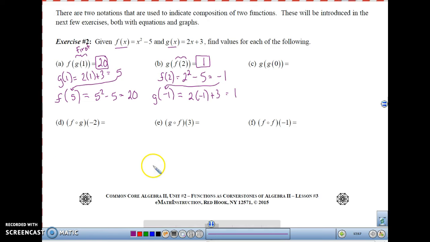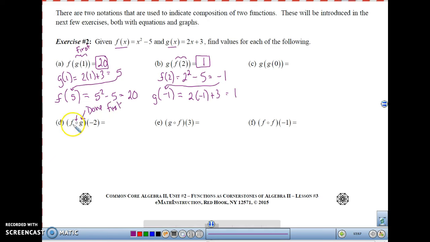The other method you may see is this little circle right here. That's composition. We talked about composition back in geometry when we did transformations a little bit. It's when you put two functions together to do a composition. The tricky part about this is that when you're doing a composition, the one on the end is done first.